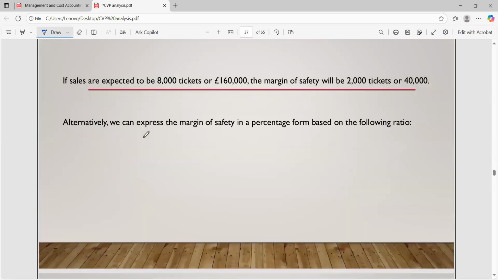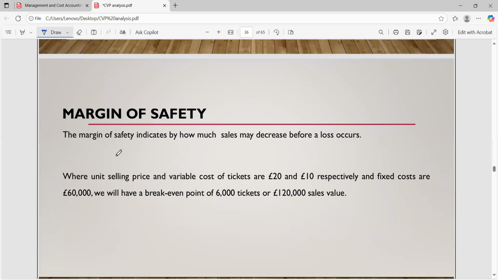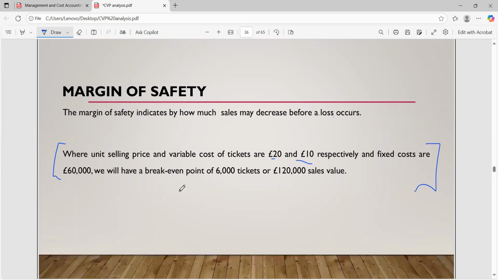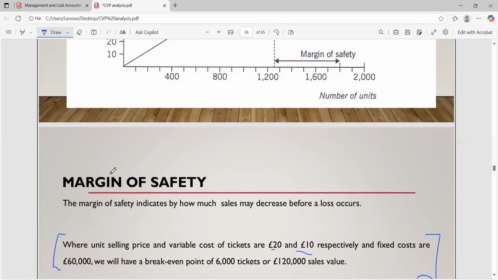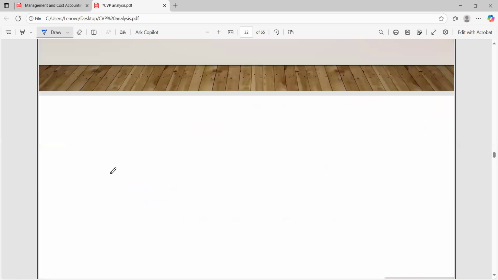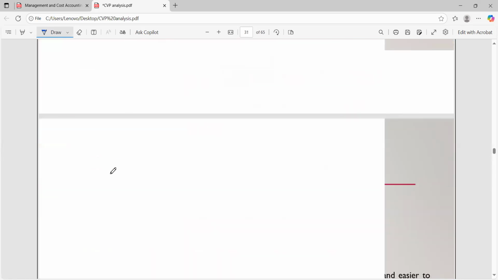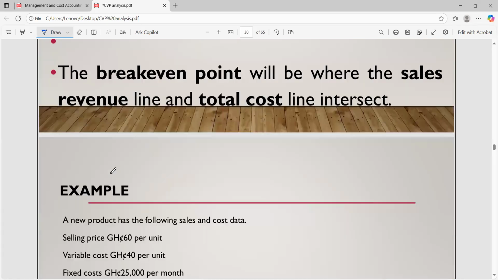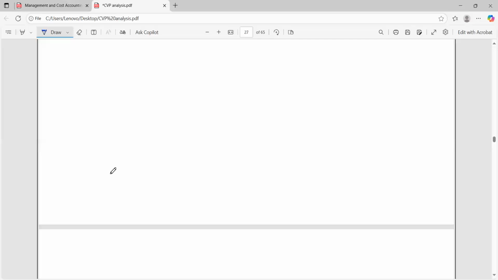So margin of safety indicates by how much sales may decrease before a loss occurs. So the same concept, you realize that the same slide was picked from the book, 20 and 10. So it's nothing different from what I'm telling you. Okay, so this explains what margin of safety is, which I wanted to show you in the chat.